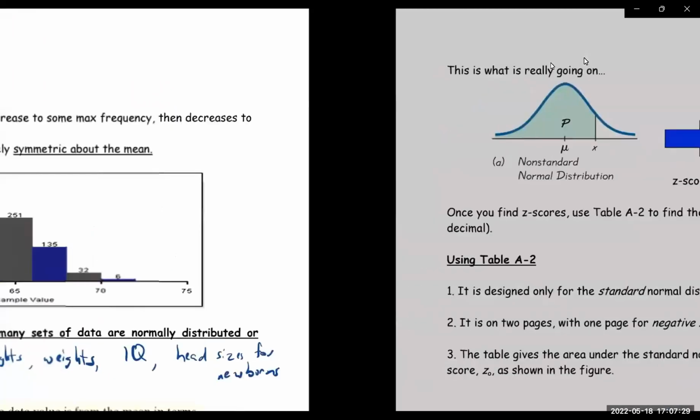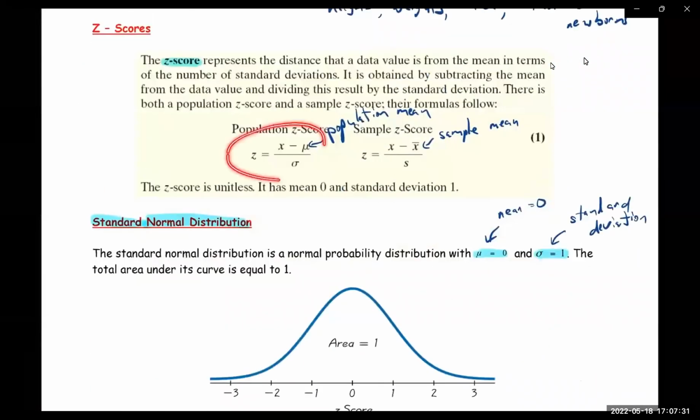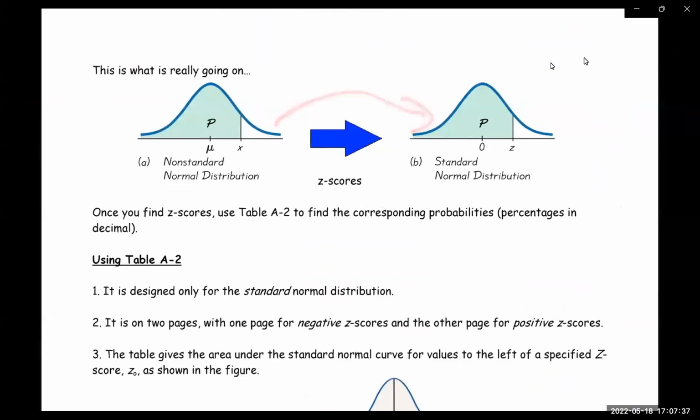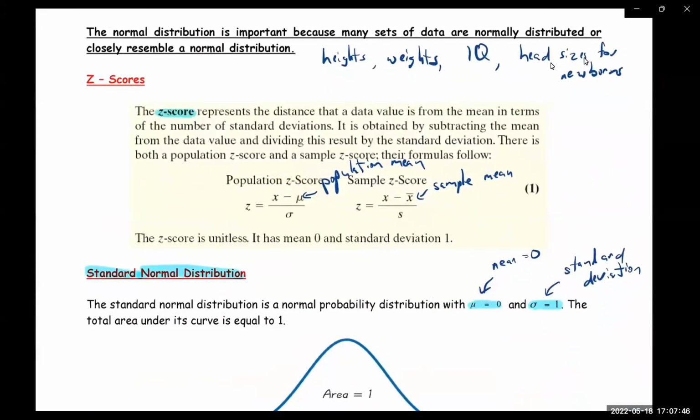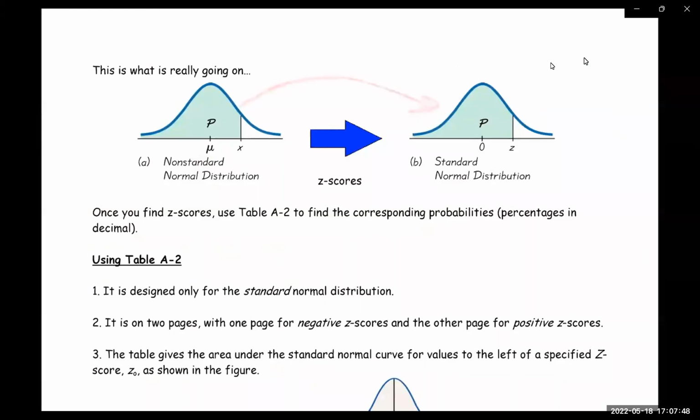So what this formula does is it standardizes the data value. So it forces it to be a standard normal distribution. If your mean is not 0, you could turn it into 0 by applying this formula, and then you will have a standard normal distribution. So you can always convert it using the formula.